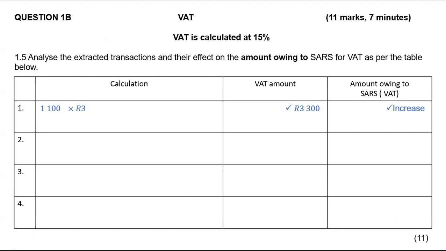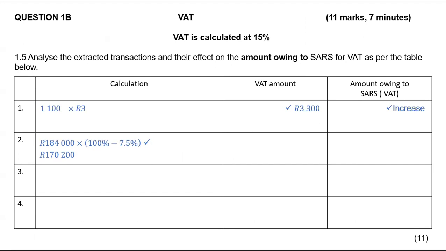We will take that 184,000 multiplied by 100 minus 7.5, and that will give us 170,200. And then they said 184,000 is VAT inclusive. That means even the 170,200 is VAT inclusive.